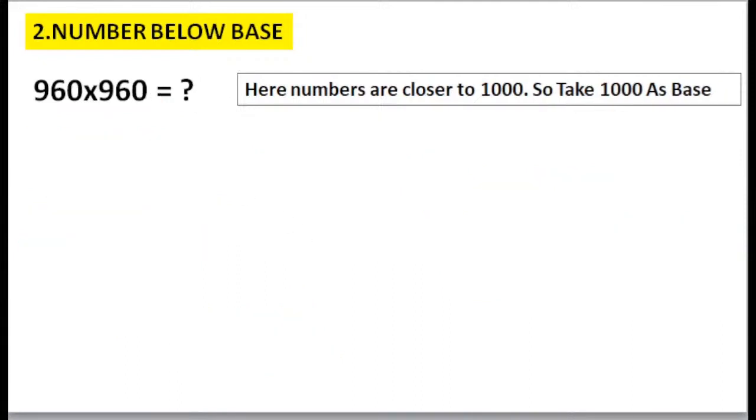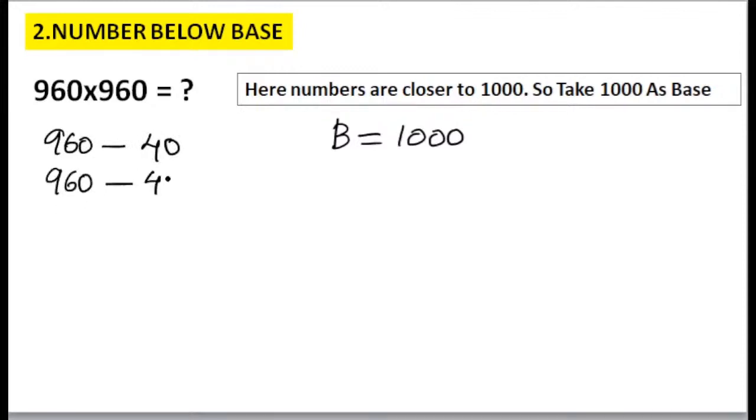Next is 960 into 960. Here both the numbers are nearer to 1000. So our base is 1000, and 960 is 40 less than 1000. We write it twice because both the numbers are the same.